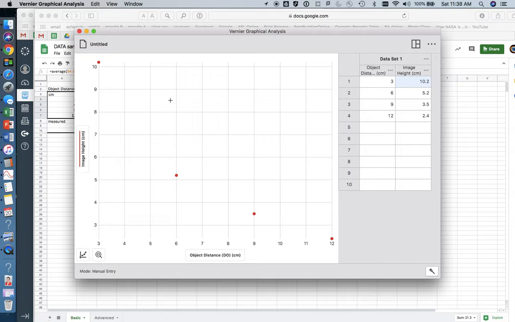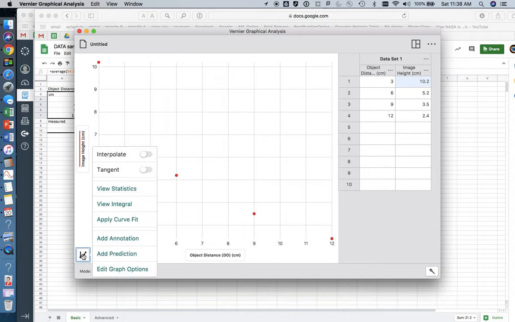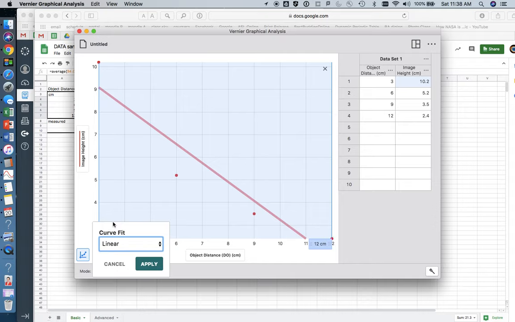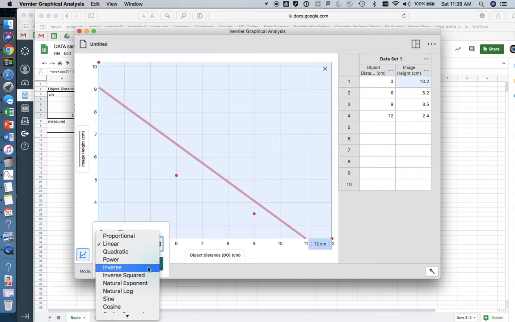For other people, we need to actually put a best fit to this graph. All of the analysis tools, the graph tools, are right here in the lower left. If you press that one, you can apply a curve fit. Now, remember in physics, if it goes up, it's a line, but if it goes down, it's an inverse curve.